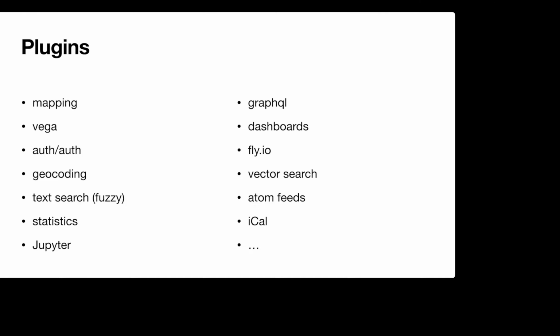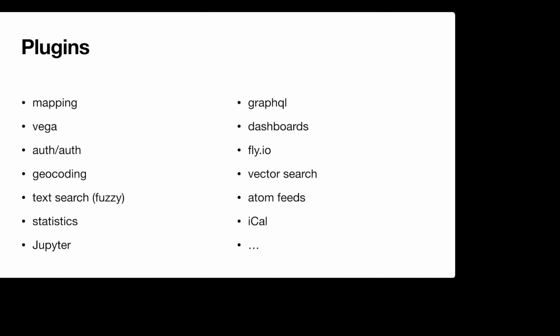Mapping, Vega, which is a sort of dashboard presentation tool, authentication and authorization, geocoding, text search, statistics. You can export to a Jupyter notebook, or you can embed Jupyter notebooks. It'll do GraphQL. I'll talk about that a little more in a minute. You can make dashboards some other ways, and then you can export to things like fly.io.